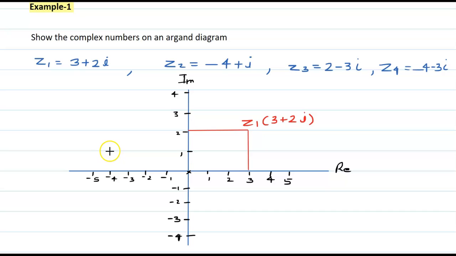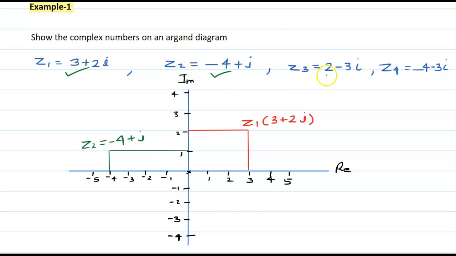So minus 4 here and plus 1. So this is our next point, z2, that is minus 4 plus i. When there is i, it is 1i, so we go 1 unit up. So this is done.